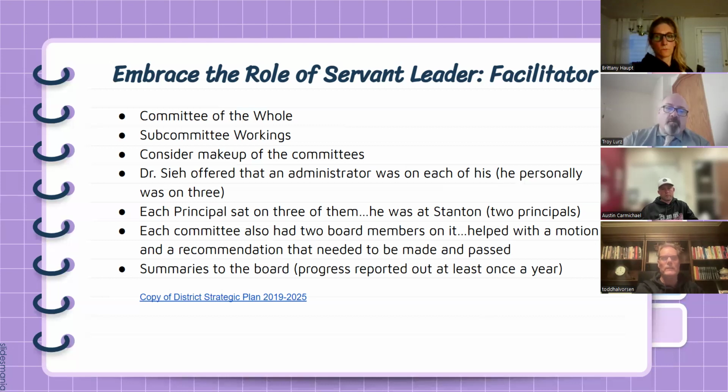So if you are going to adopt a curriculum at your July board meeting, you certainly hope that all the stakeholders have presented the information, and you've done all your research, so that now it's just a matter of the board knowing what you're looking at, and there's not a whole lot of discussion at that point. Your discussion should be done in these committee meetings like you've mentioned, Troy.